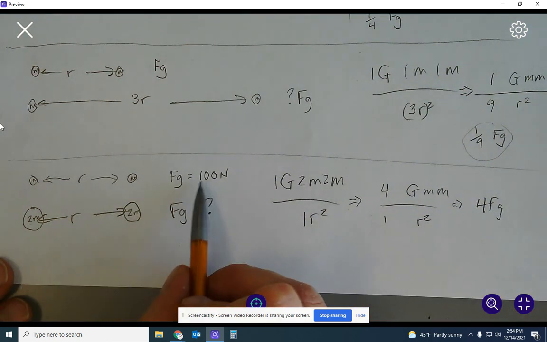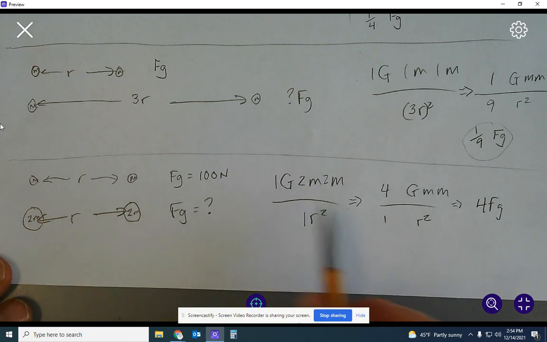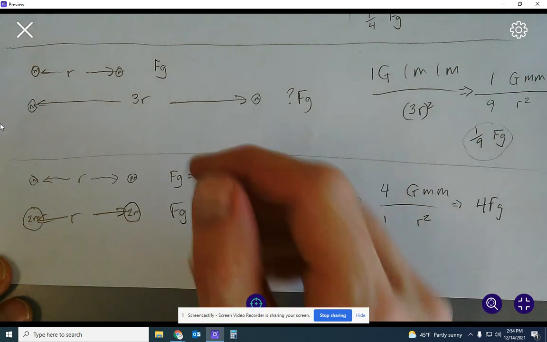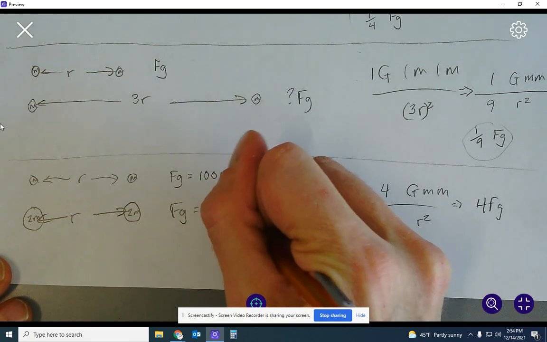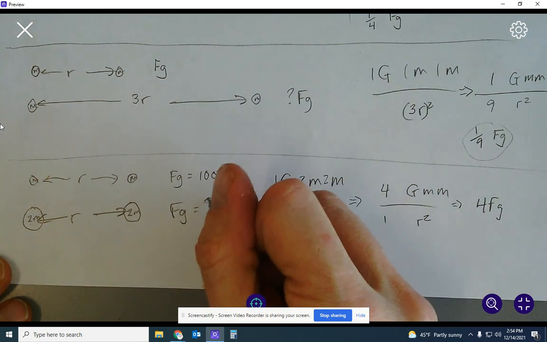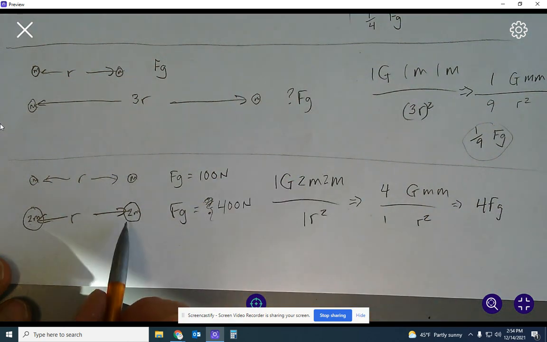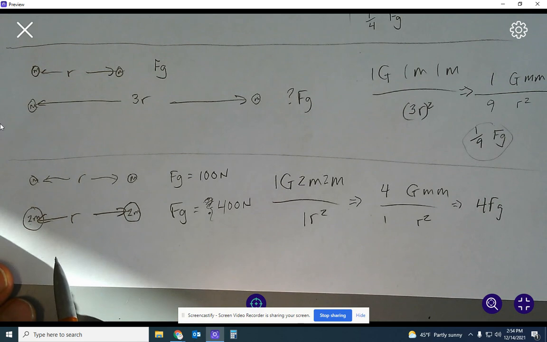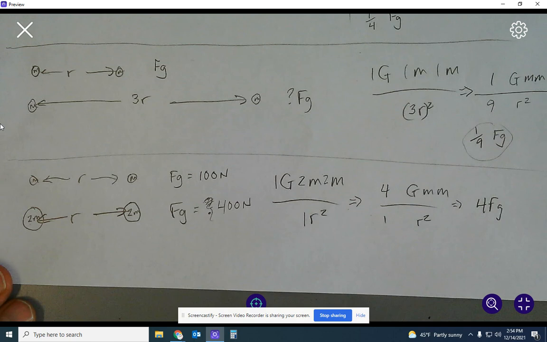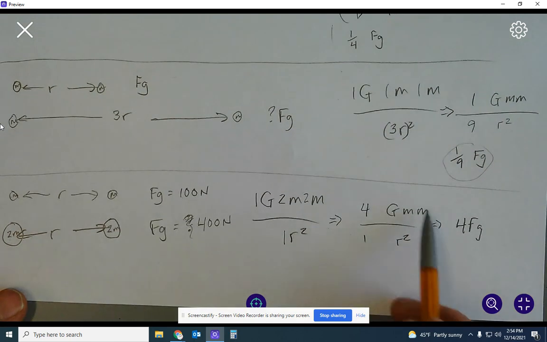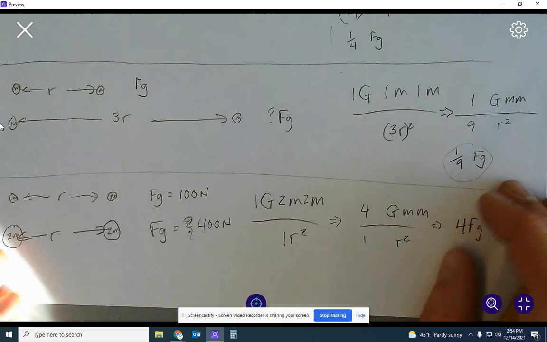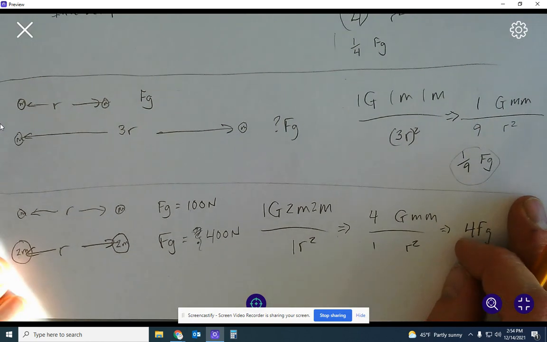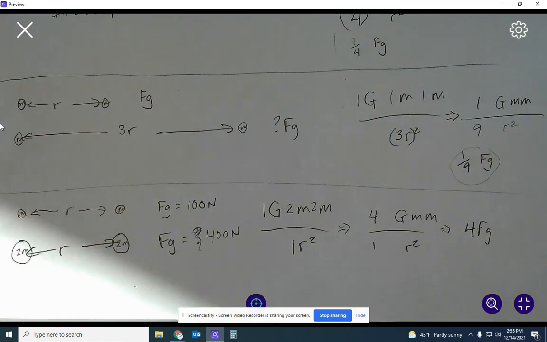So if it was 100 newtons before, now it's going to be 400 newtons. So by doubling each of the masses, I quadrupled the amount of force between them. We need to be able to think proportionally, work this way. So here's 3 examples that we did. I'd like you to do the homework and give it a try yourself.